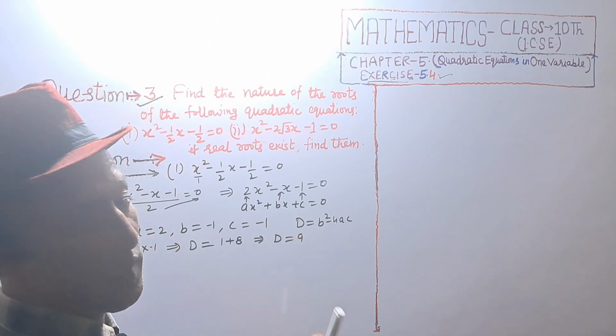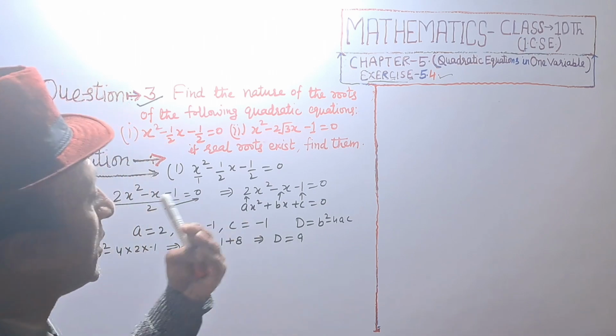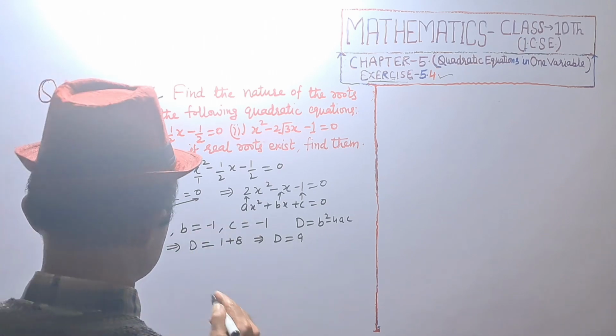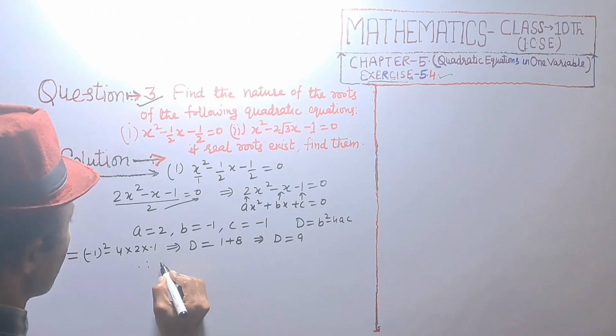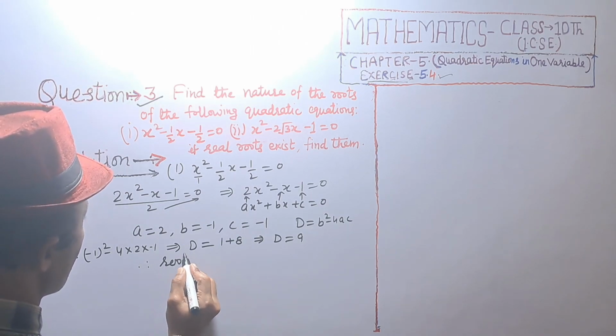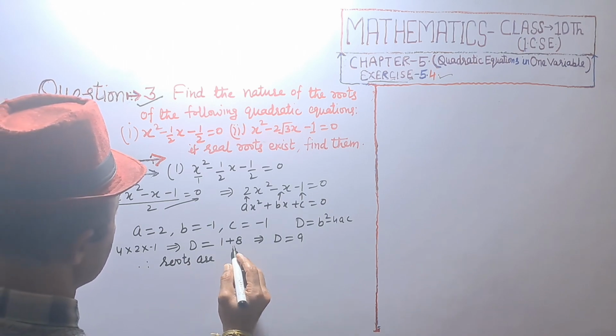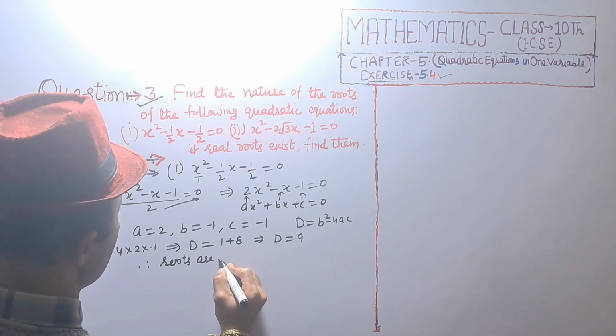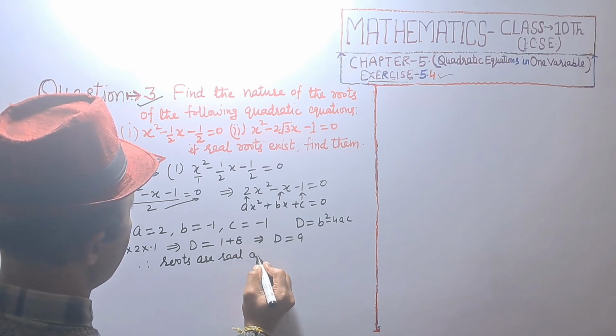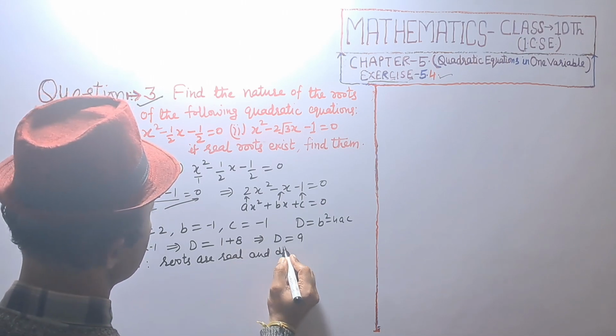If discriminant is positive, if discriminant is greater than 0, so roots are real and distinct.